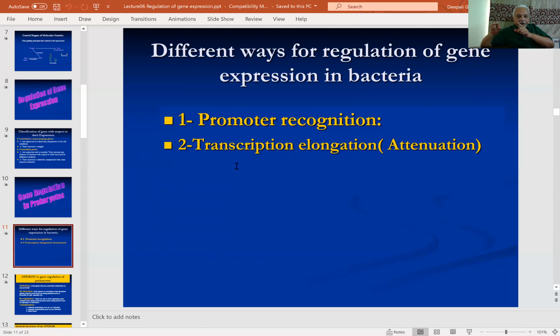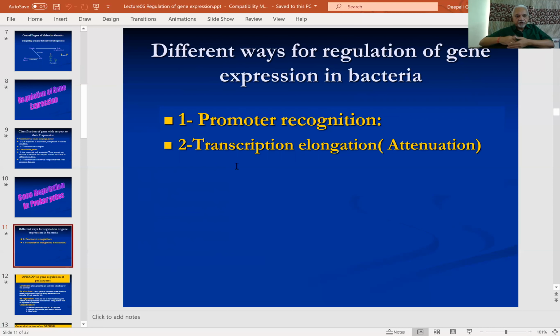In other words, all the genes which are required for a metabolic process or pathway, either all of them are expressed or none of them is expressed. So it is an all or none kind of thing. Whereas in eukaryotes, all individual genes involved in a metabolic pathway are located and expressed individually, not collectively.